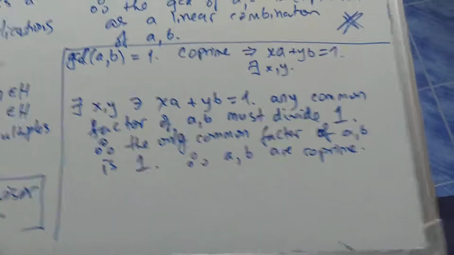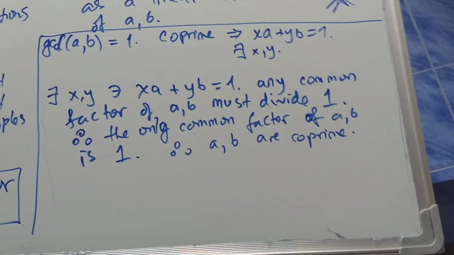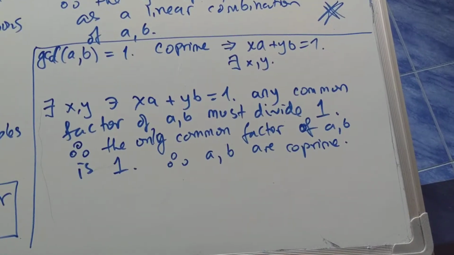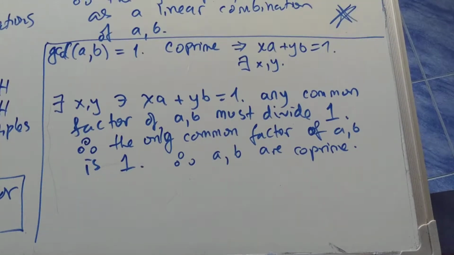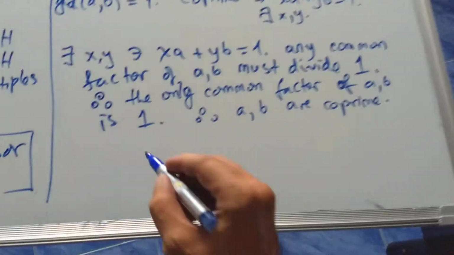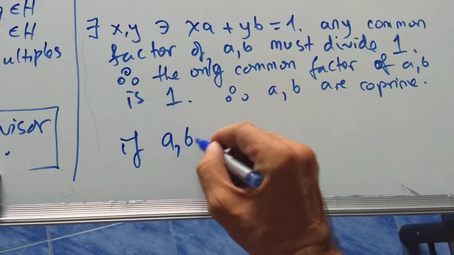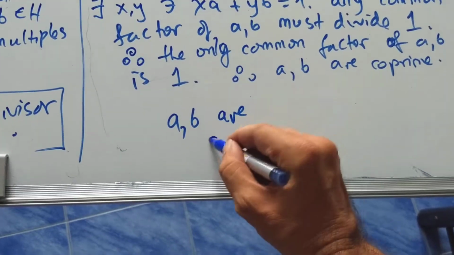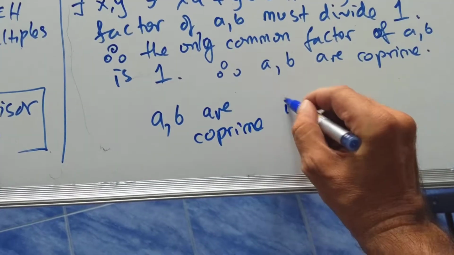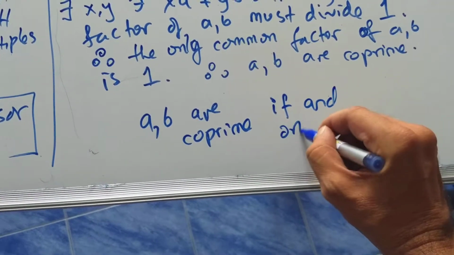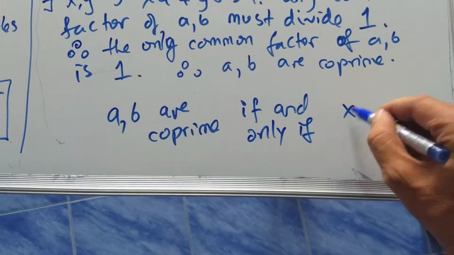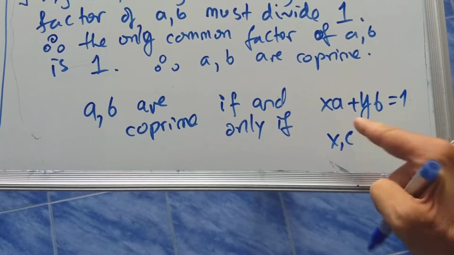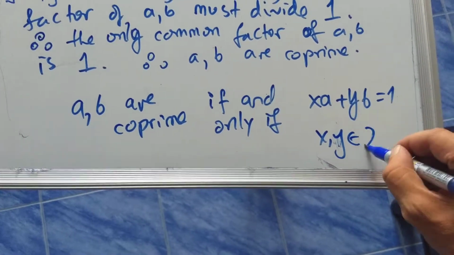And here we get to the final point, which I think is a very important theorem for solving problems. We're going to use it very soon. This is a very important theorem to remember. I'm going to write it using if and only if: A and B are coprime if and only if xa plus yb is 1 for some x, y that are integers.